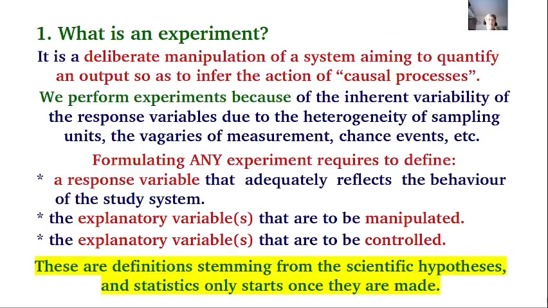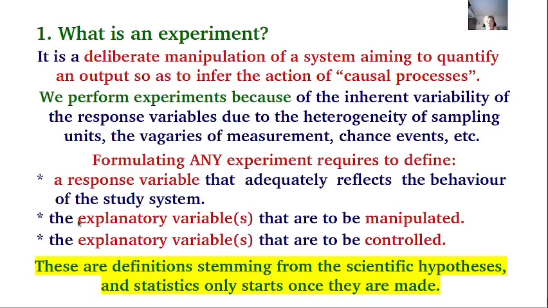And finally, these definitions all stem from the scientific hypothesis and knowledge of the system, and statistics only starts once these definitions are made. By this I mean that statistics will not help us to define what is the proper response variable that reflects the aspect of the behavior of a system that we want to study.